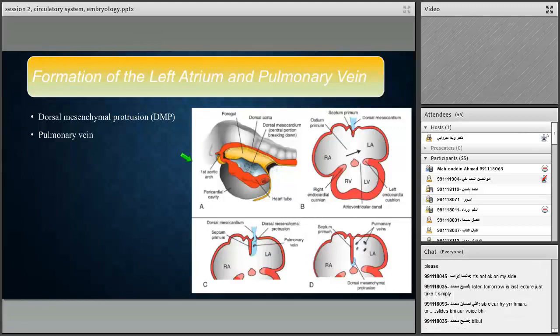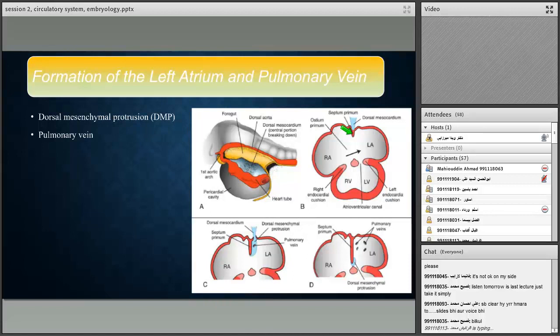Now about the formation of the left atrium and the pulmonary vein. At the time when the sinus venosus is connecting to the right atrium and expanding, in the left atrium also we can see some expansions. The mesenchyme at the roof of the common atrium is the mesenchyme at the caudal side of the dorsal mesocardium.